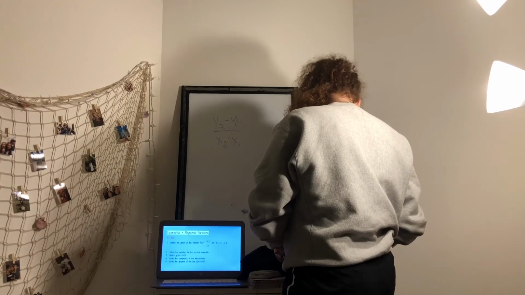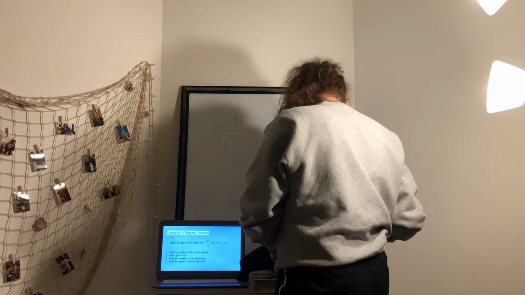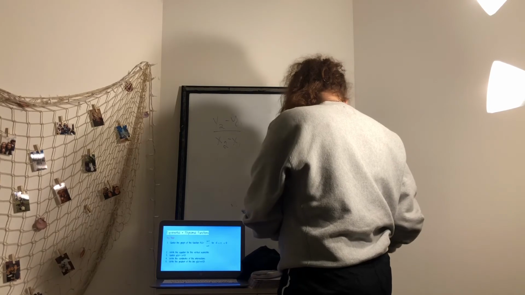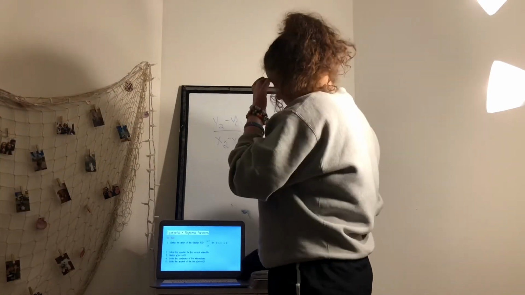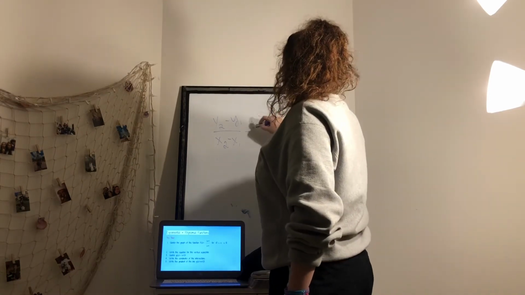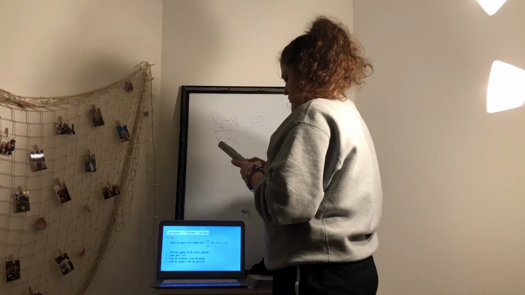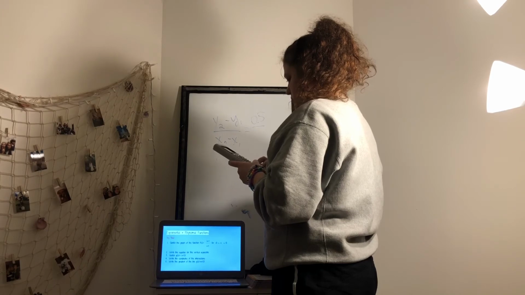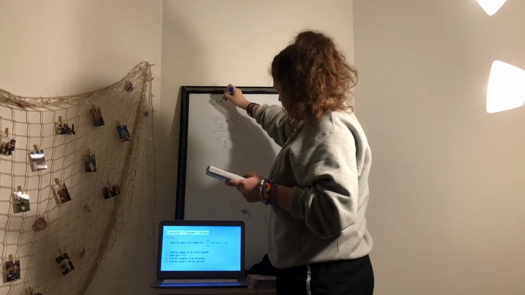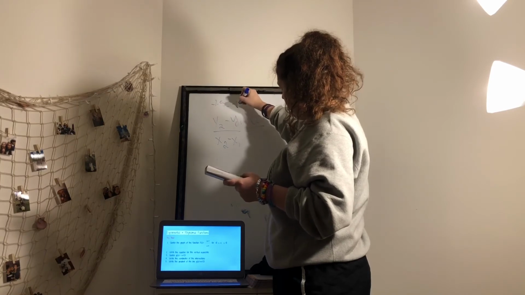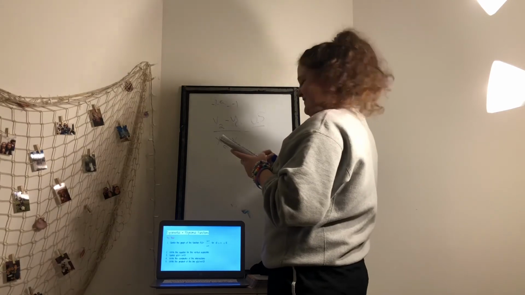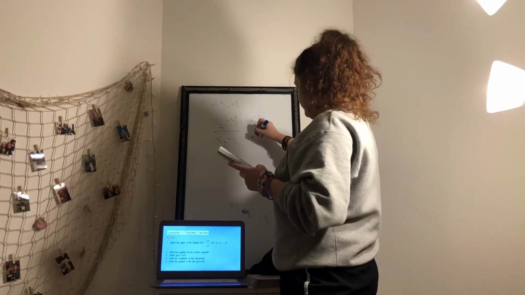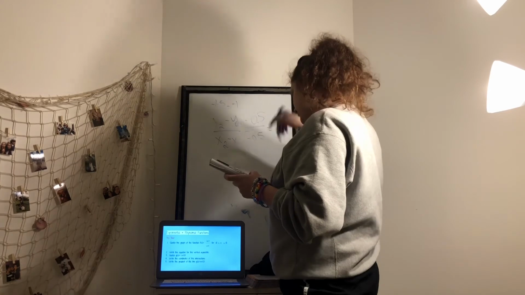And so your gradient should be 1, because when you have negative 1.5 minus negative 1, you get negative 0.5, and your other coordinates would also equal negative 0.5, and that equals 1, so that would be your gradient.